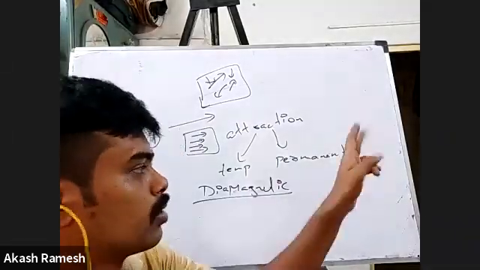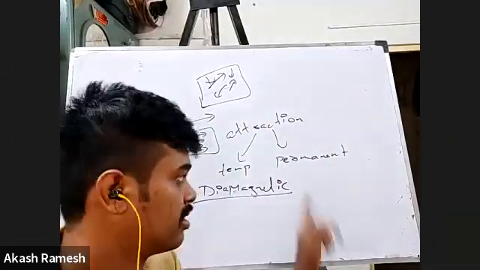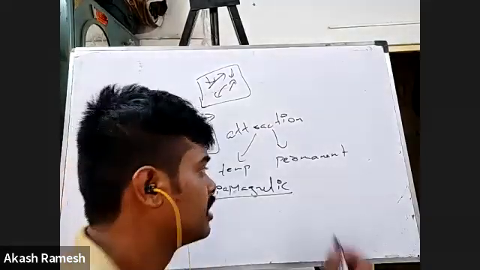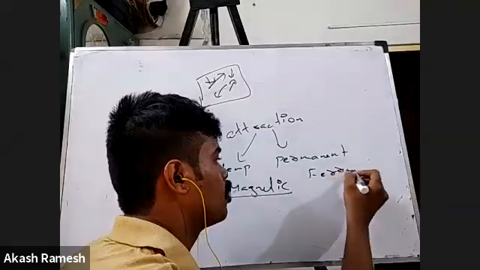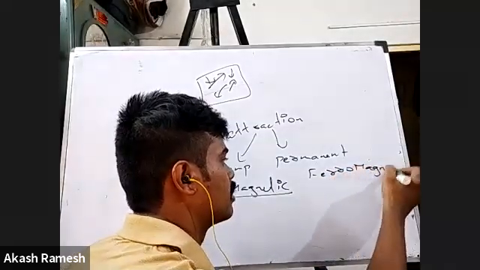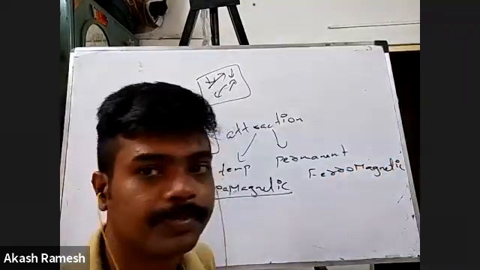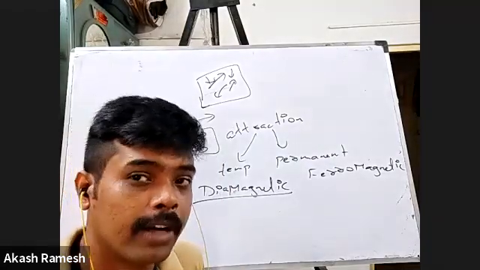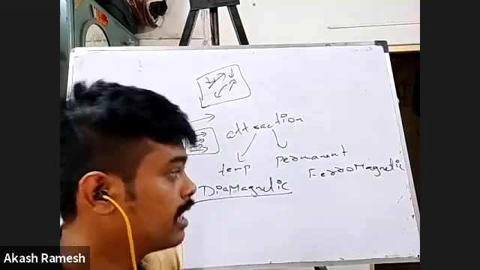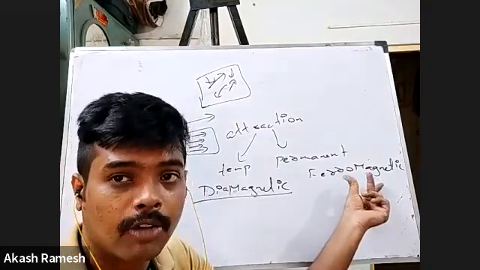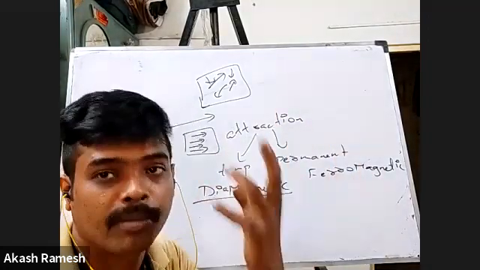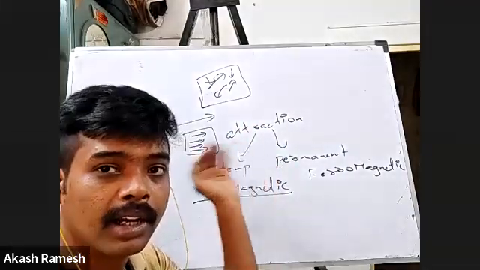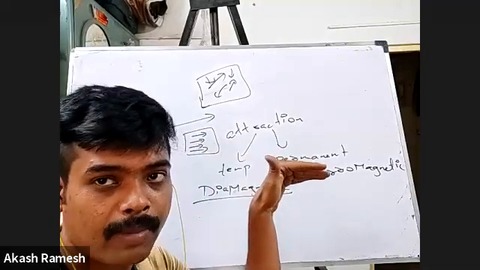Now, what am I going to call this? Permanently magnetized species. These are called ferromagnetic species. Please understand, these ferromagnetic substances are the ones used for producing magnets, because once the magnetic field is applied, they orient themselves in the direction of the magnetic field.